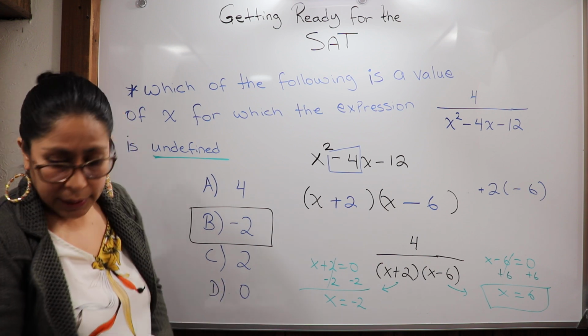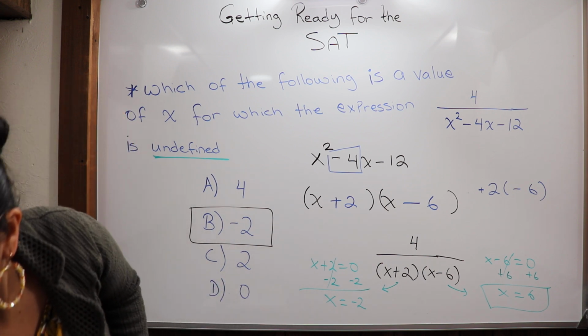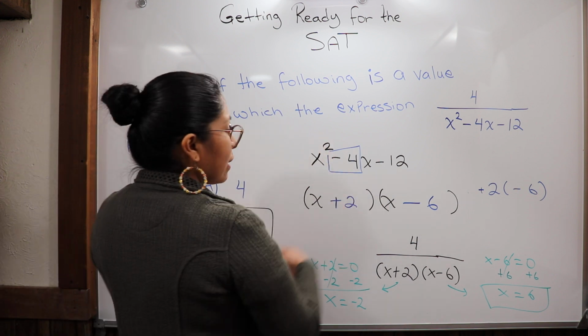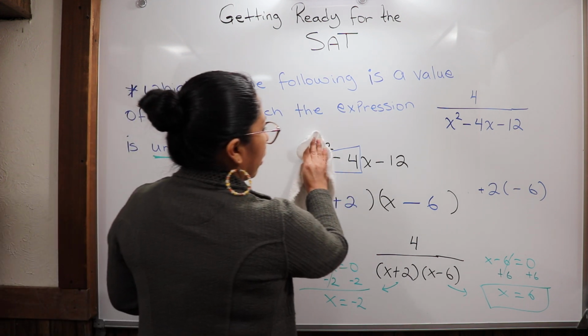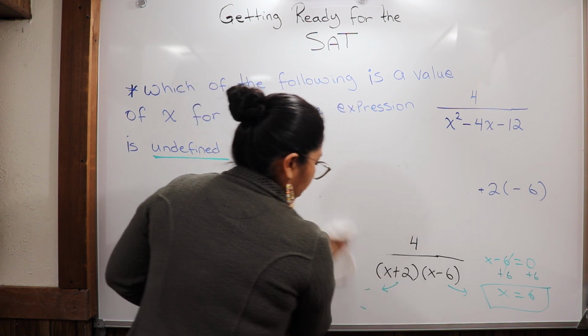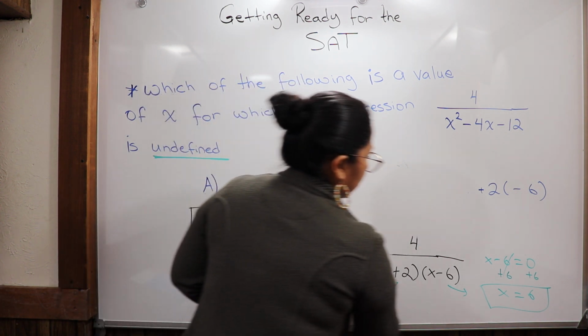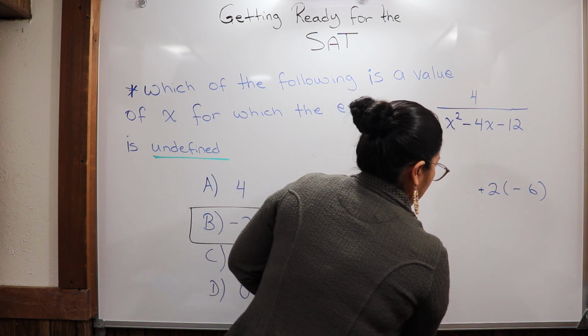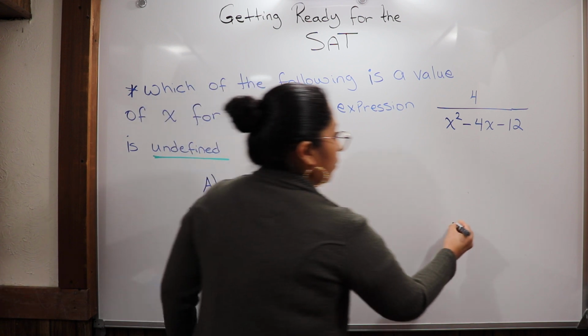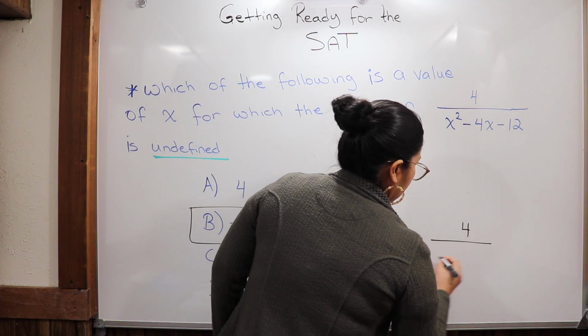The next thing that you can do here, if you have time, if you don't know how to do this, you can plug it in here. I'm going to erase this. This is what I found right here.